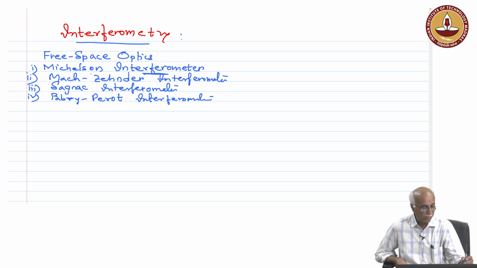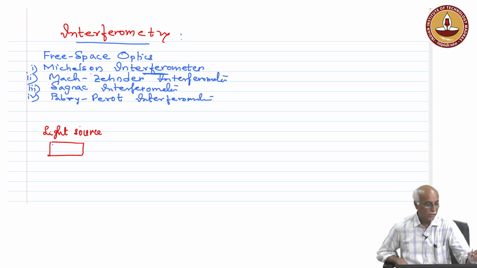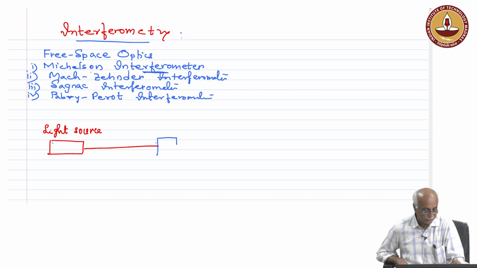So in case of a Michelson interferometer, there is a light source, and the output beam from this light travels and gets split into two arms.